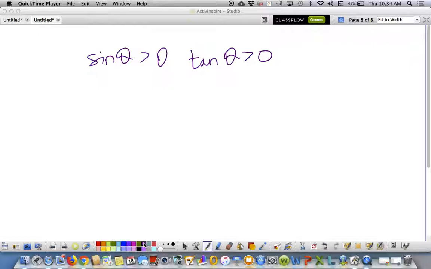You have to be in quadrant 1. The only place where everything is positive.